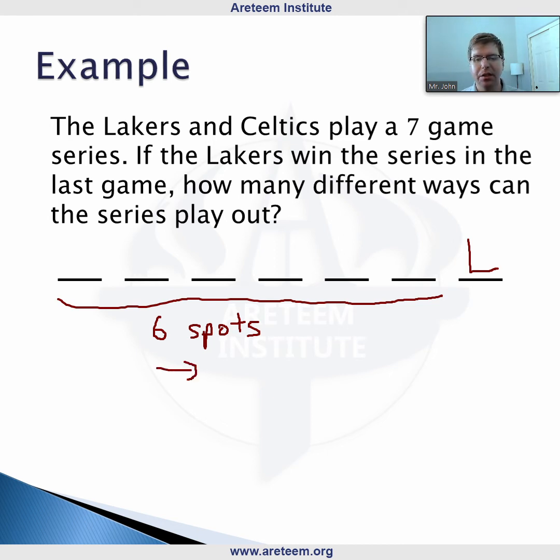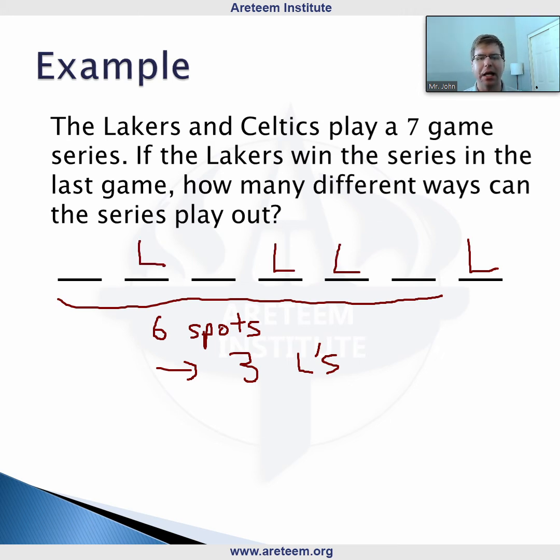So this is going to be 3 places for the L's. So 3 L's in that case. Why is it enough to just pick where the L's go? Because the other spots go to the C's, go to the Celtics. So all we have to do, right, let's just do one example quick.